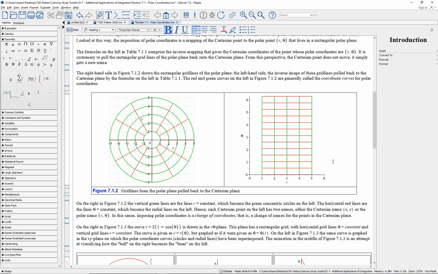And this affects not only what the student sees in a calculus course, but in vector calculus. To understand a vector calculus course and a vector calculus package, this pair of images is important because you have a representation of a point in polar coordinates on this plane, and then you have it on this plane.